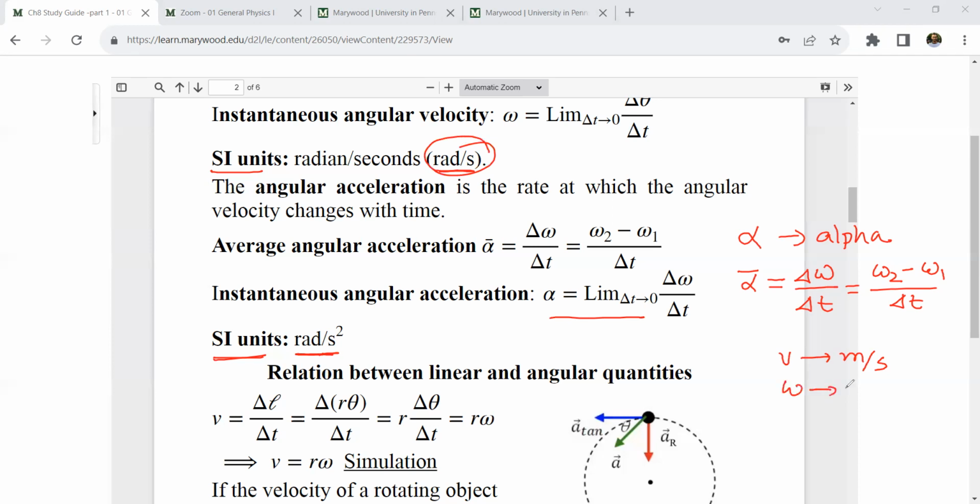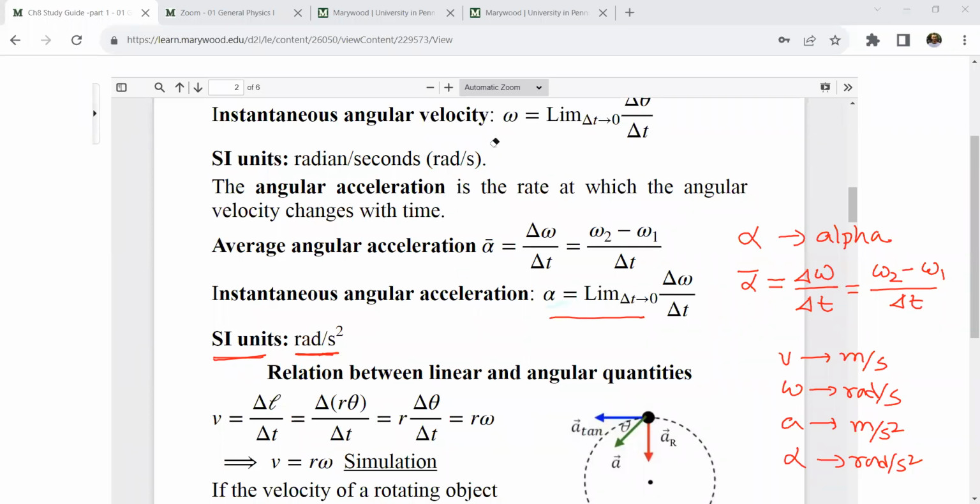So omega is rad per second. For a, we had meter per second square, and for alpha now we have rad per second square. It's very similar.